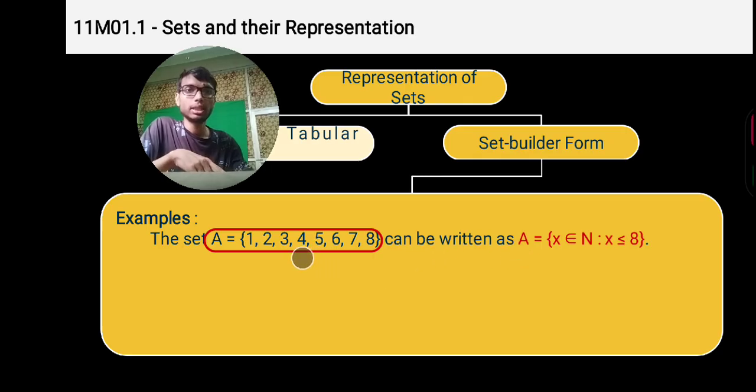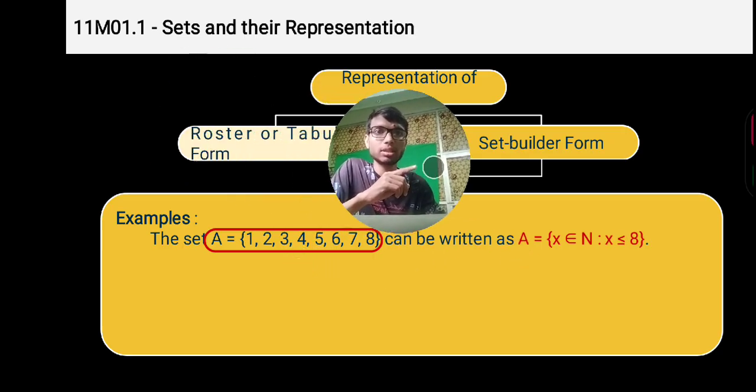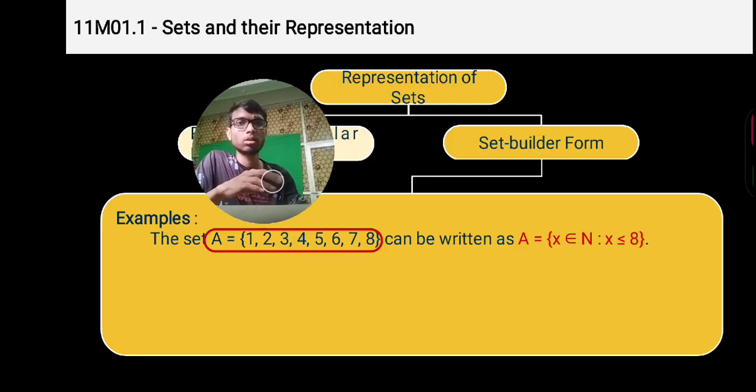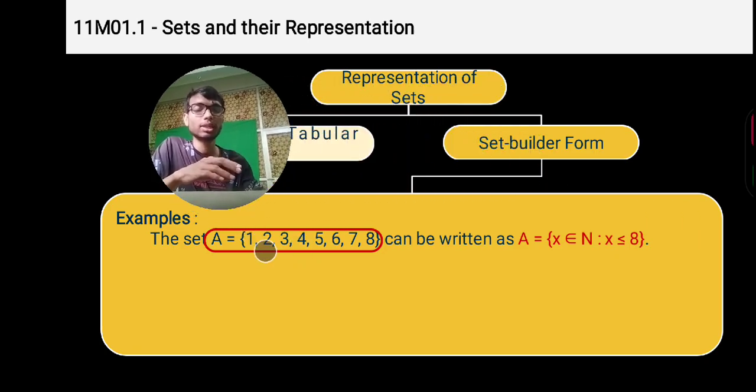Now this is what? This is a set in roster form, because we wrote all elements by separating them with commas and by surrounding them with curly brackets.